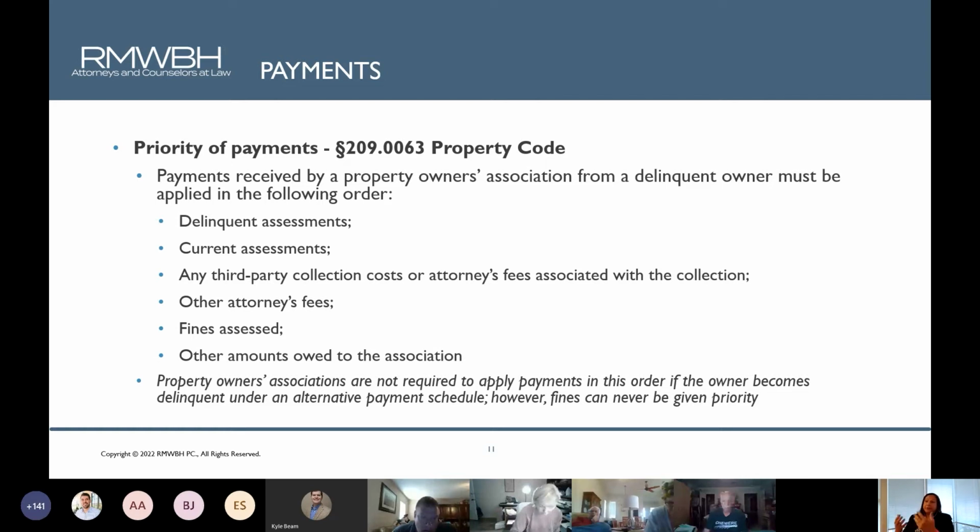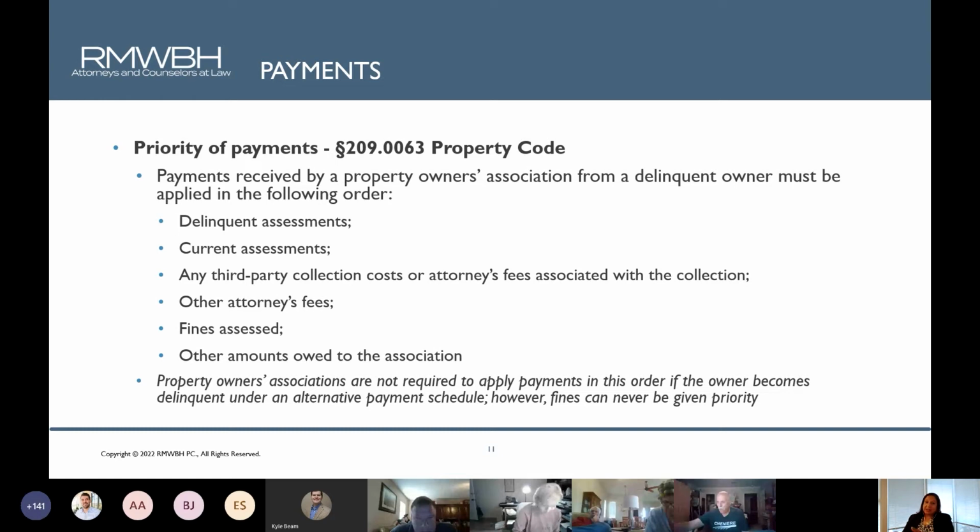So if you have a $300 assessment, but you have $200 in late fees, interest, and collection costs, and the homeowner sends in $300, once you apply the $300, you have to apply it to that delinquent or current assessment amount. And then you're left with late fees, interest, and collection costs, which are oftentimes harder to collect just alone.